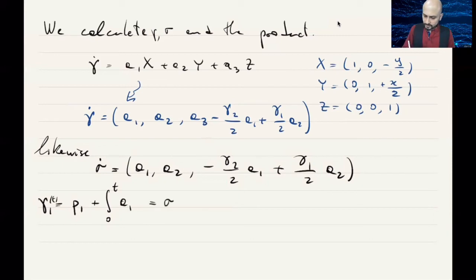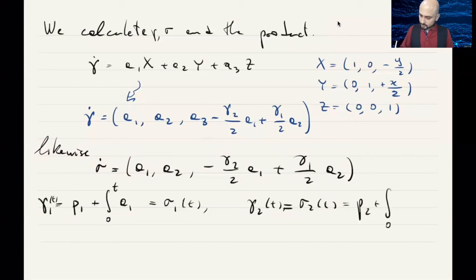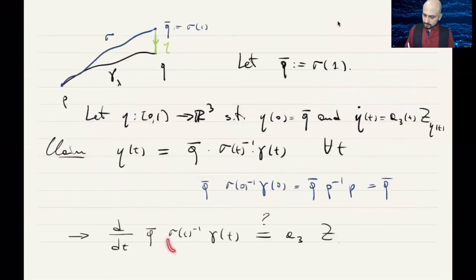And this is likewise for sigma 1. And gamma 2 of t is equal to sigma 2 of t, which is p2 plus the integral from 0 to t of a2. Okay, now we are ready to calculate this product here.